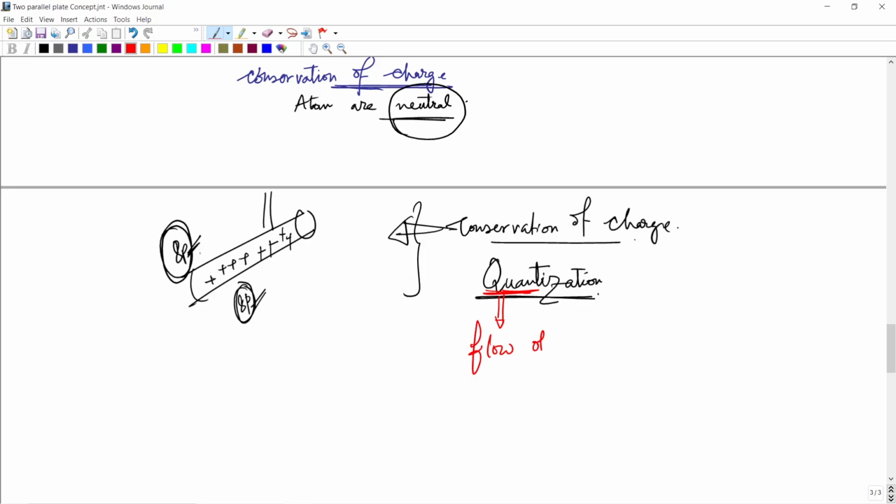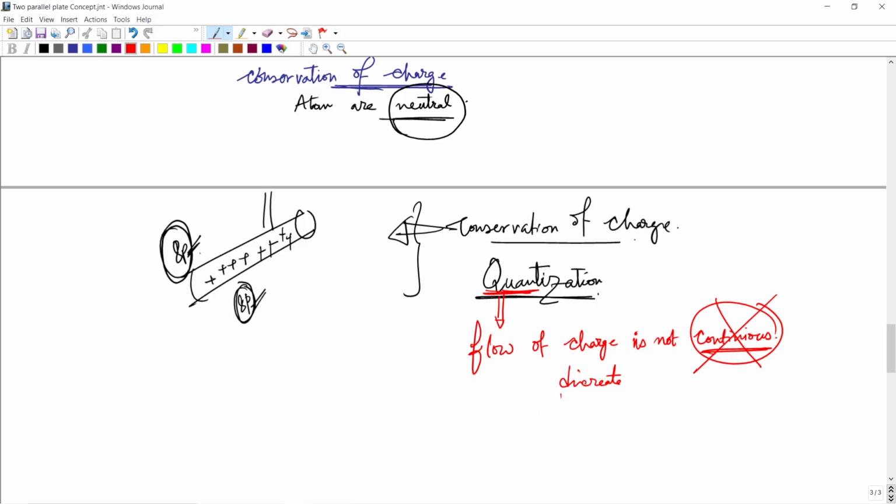And these values are multiples of certain elementary charges.